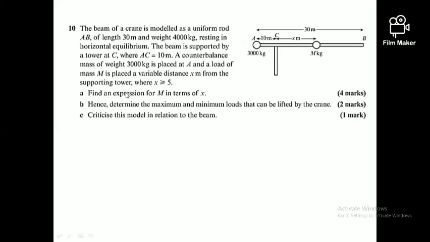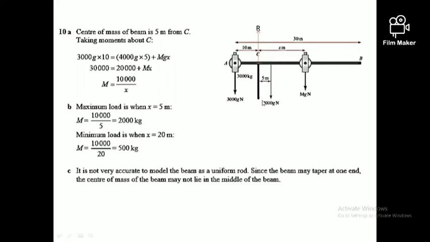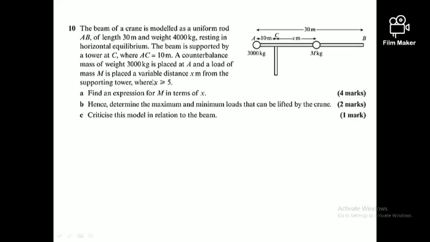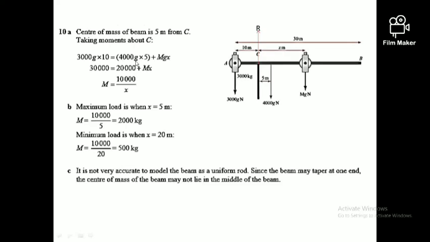Then the next part of the question. Hence determine the maximum and minimum load that can be lifted by the crane. This is pretty simple. We know that m is the weight you added, and it should be 10,000 divided by x. At the beginning of the question they mentioned x is greater than or equal to 5. So if you substitute 5, you will obtain the answer as 2000 kilograms.